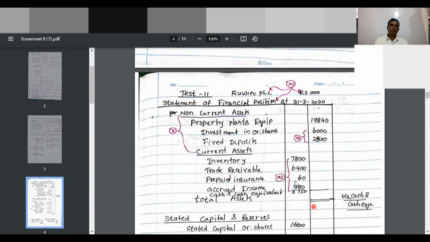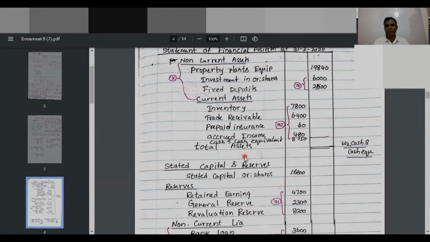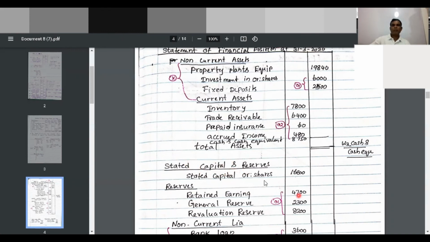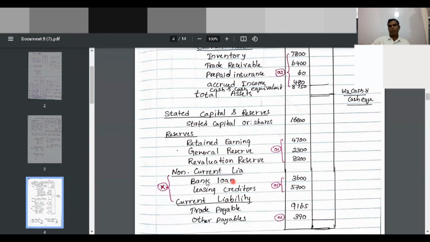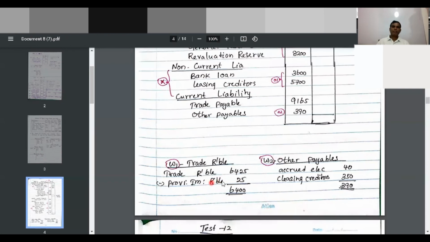Then stated capital, ordinary shares, and reserves: retained earnings, general reserve, revaluation reserve. Then non-current liability: bank loan, leasing creditors; current liability: trade payables, other payables.